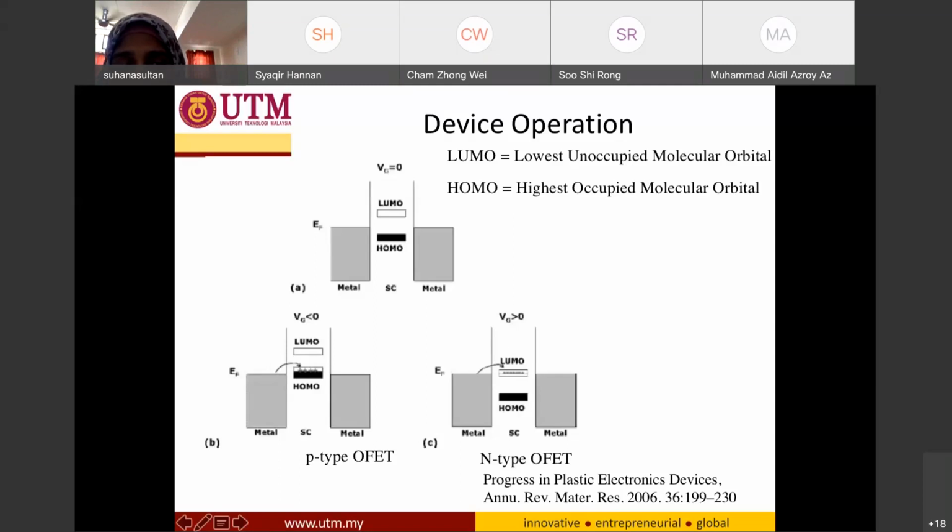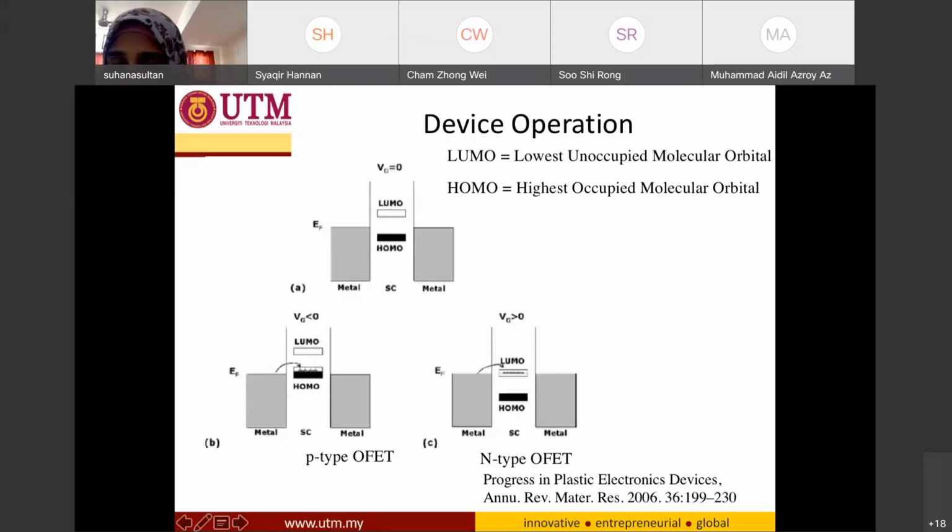The idea is the Fermi level of your source and drain contact must be close to your HOMO, so that the carriers can hop into and out of the channel from the source drain contact. For N-type, when you apply a positive voltage to the gate, you are inducing negative charge carriers at the organic semiconductor insulator interface.